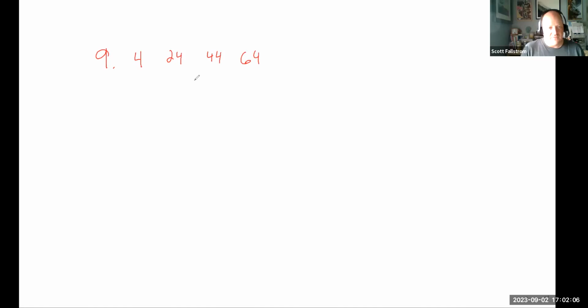What happens? If I divide these by 4, each one of them, I get a remainder of 0. There's nothing left over. So all numbers that end in 4 must have a remainder of 0 when you divide by 4.